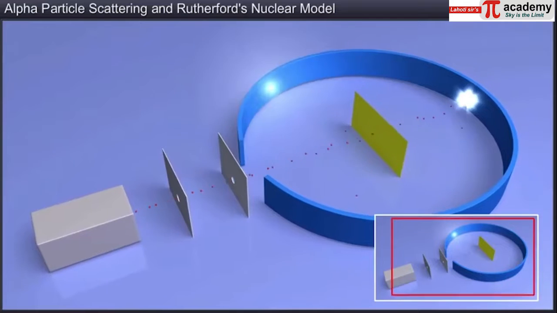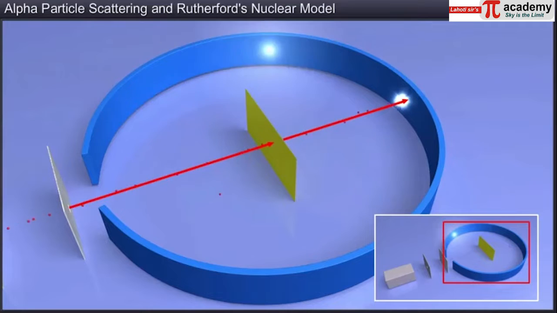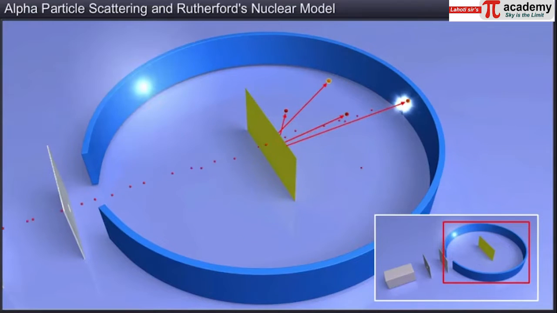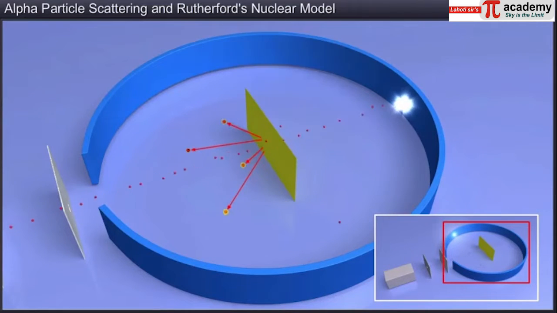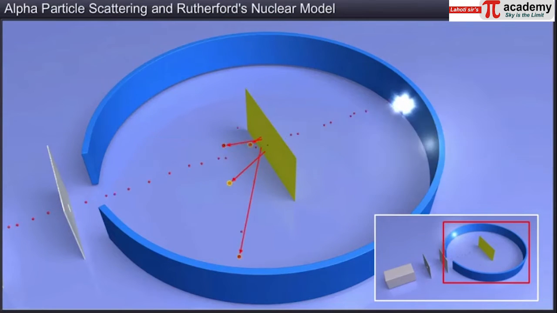It was observed experimentally that most of the particles passed straight through the gold foil without any deviation in their path. A few of them suffered minor deviations, and very few of them suffered large deviations. These deviated particles were studied as a function of the angle of scattering.